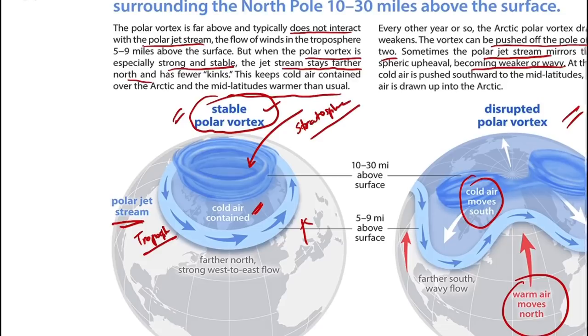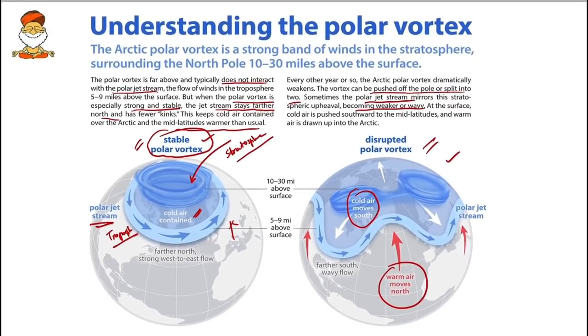But whenever the vortex is disrupted or weakens, there will be a break off, and the jet stream does not have enough force to maintain its usual path, because of which the jet streams become wavy or meandering in shape.